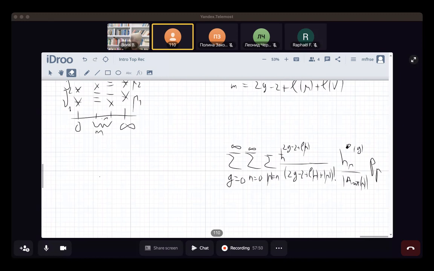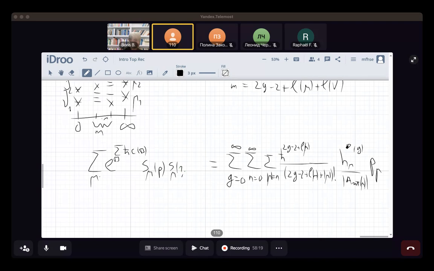The claim is that this is in fact equal to the sum over mu of the sum over boxes of h bar times c of box, as mu of p, as mu of 1, 0, 0. This is the claim.